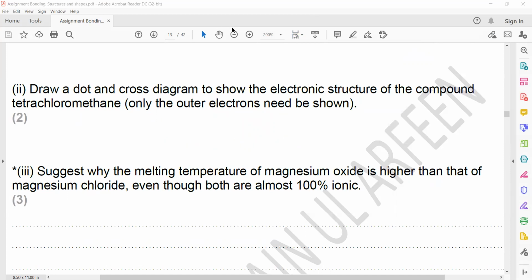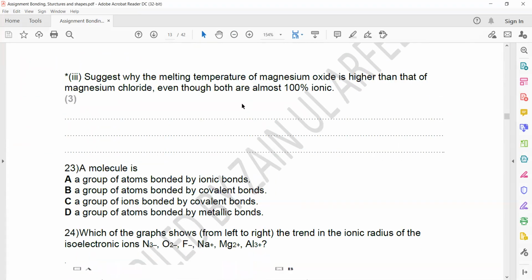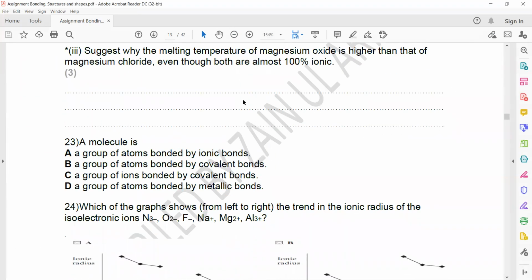The next part: suggest why the melting temperature of magnesium oxide is higher than magnesium chloride, even though both are almost 100% ionic. What is the reason? It's 3 marks. So why does magnesium oxide have the higher melting temperature? Both are solids, magnesium oxide and magnesium chloride, but magnesium oxide has a higher melting temperature as compared to magnesium chloride.